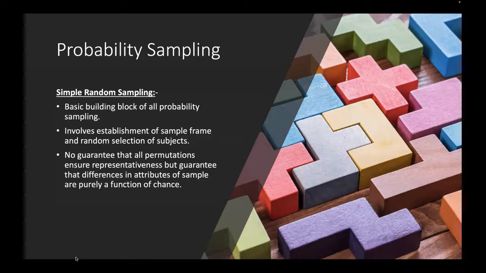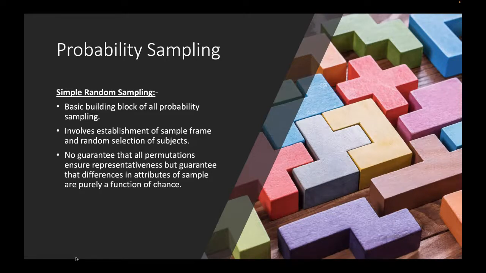The simplest form of random selection that you might have come across is when people take a raffle and they have tickets in a hat, they just pick them out randomly. If someone told you there were 40 tickets, then each of those tickets has got an equal chance of 1 in 40 of being selected.